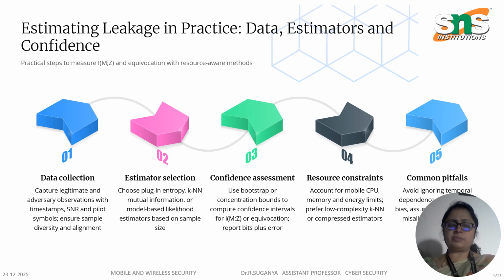Data collection means capturing legitimate and adversary observations with timestamps and signal to noise ratio. For estimator selection, choose plug-in entropy, KNN mutual information, or model-based likelihood. For confidence assessment, use bootstrap or concentration bounds. For resource constraints, account for mobile CPU, memory, and energy limits. Common pitfalls include ignoring temporal dependence.